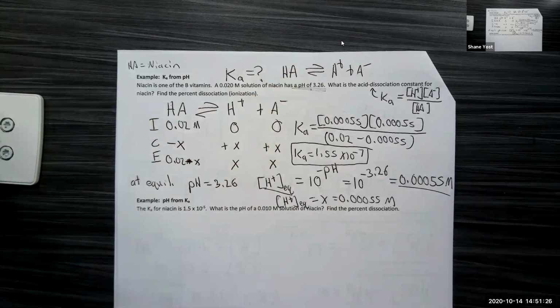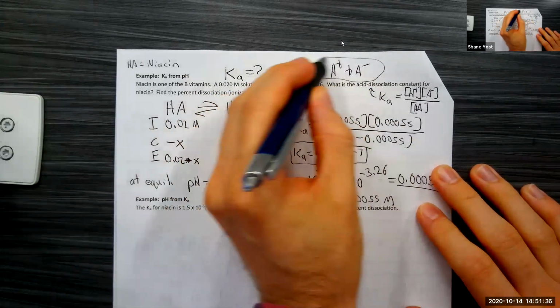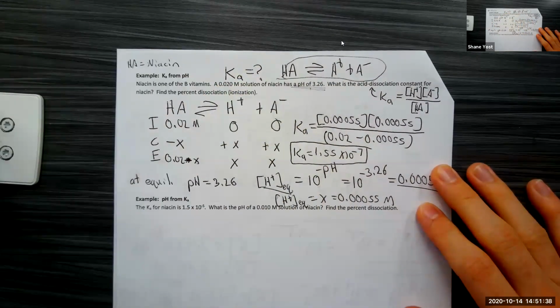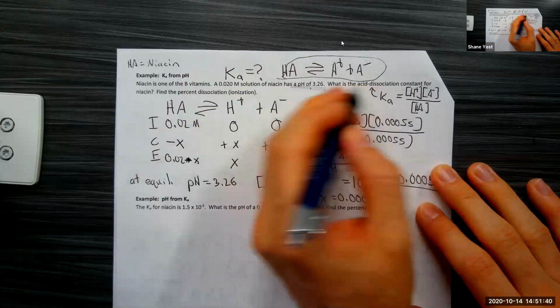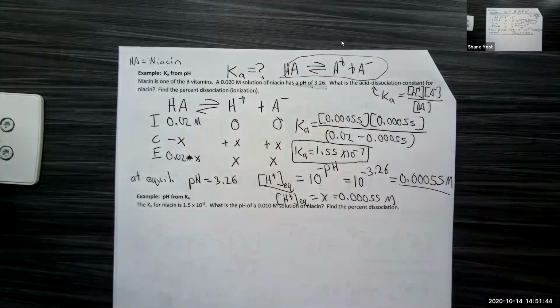I knew I had to do an ICE chart because I'm dealing with a weak acid, which means I have some sort of equilibrium reaction. Every weak acid has an equilibrium reaction. And I'm looking for the acid dissociation constant, Ka, the equilibrium constant. The equilibrium constant for a weak acid equilibrium is called the acid dissociation constant.